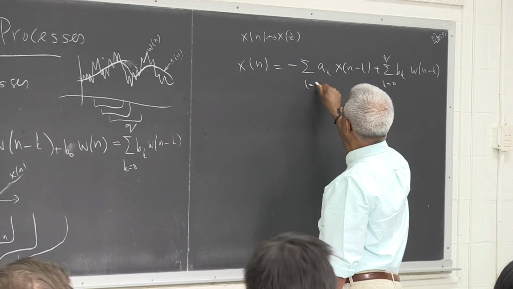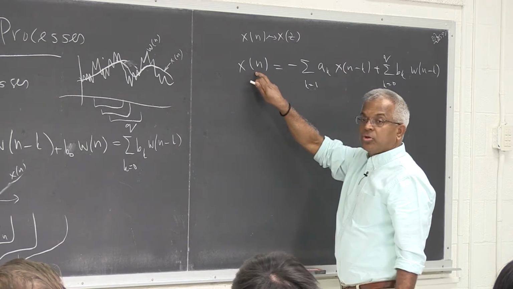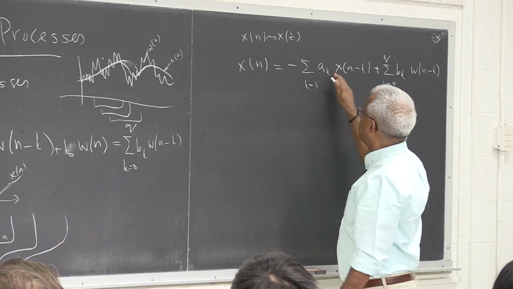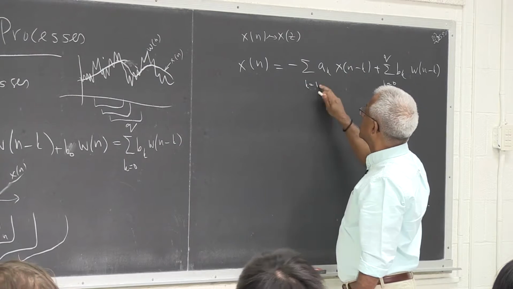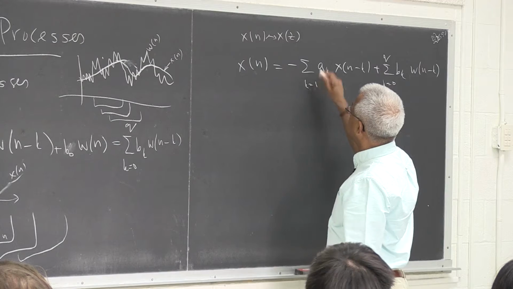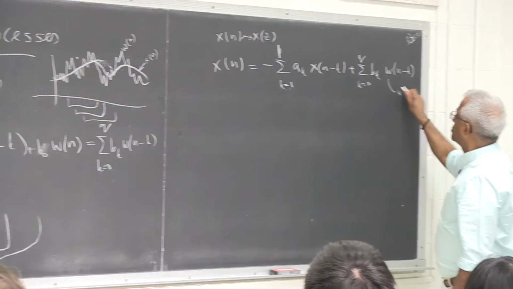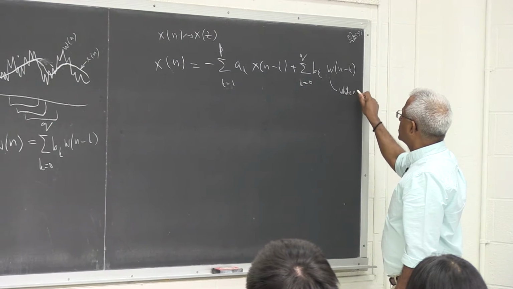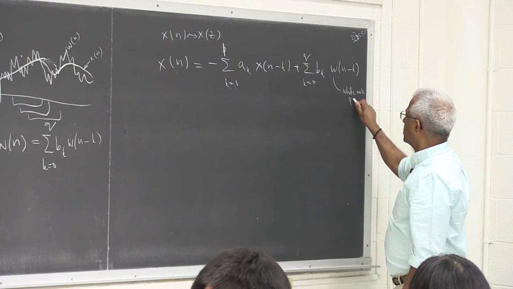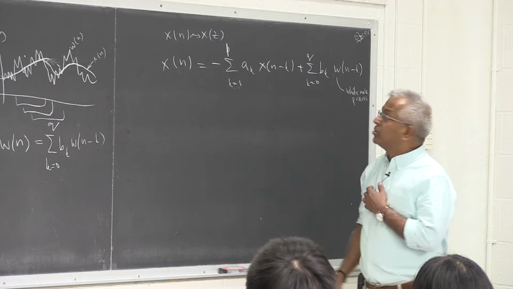Here k, you can use two different indices. Here it is not 0 through p because 0 is already here. Putting 0 here won't make any sense, because if you put 0, xn equals xn, so it's k equal to 1 through p. And generally this is a white noise process. That's the modeling used. So the question is, if this process is stationary, is the other one stationary?